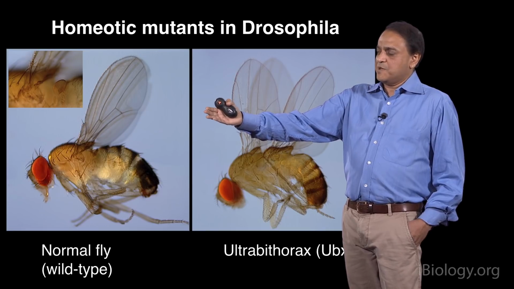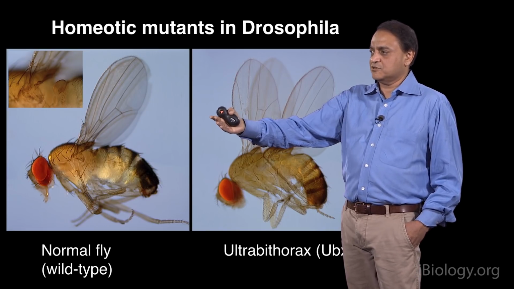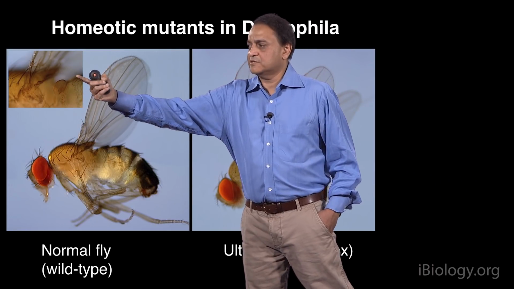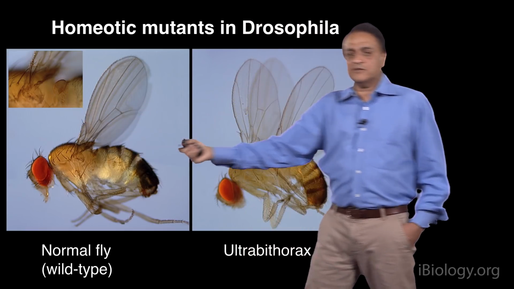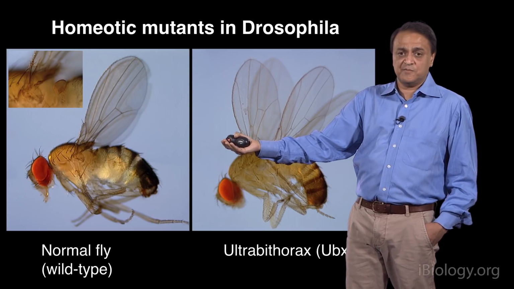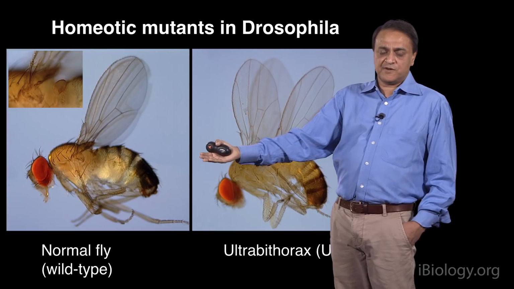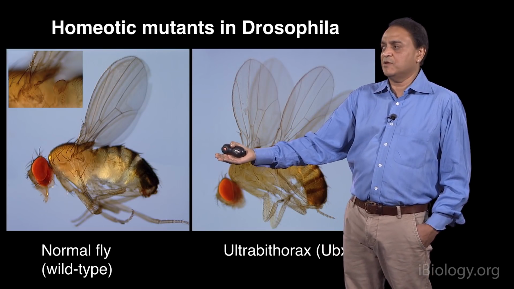But then there's a pair of wings on the second thoracic segment, and the third thoracic segment has a structure called a halter. So if you look here, this inset shows this halter. It's this very, very small structure that's right there. And it looks kind of like a tiny wing, but it has a very different function. It functions as a gyroscope, and it helps to orient the animal as it's flying. So again, the second thoracic segment has the pair of wings, and the third thoracic segment has the pair of halters.